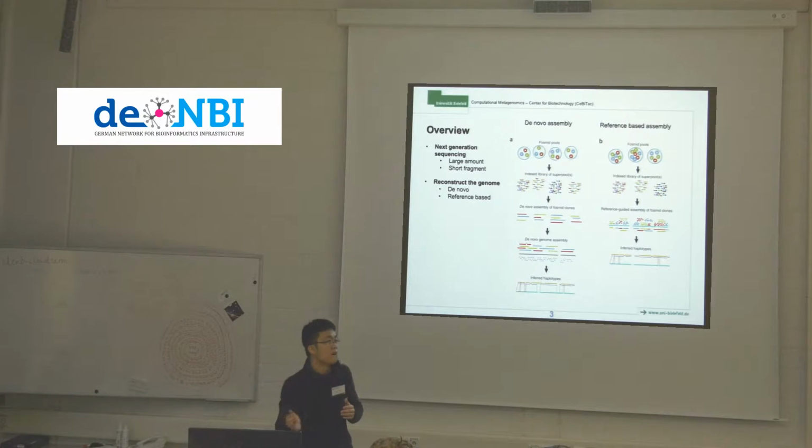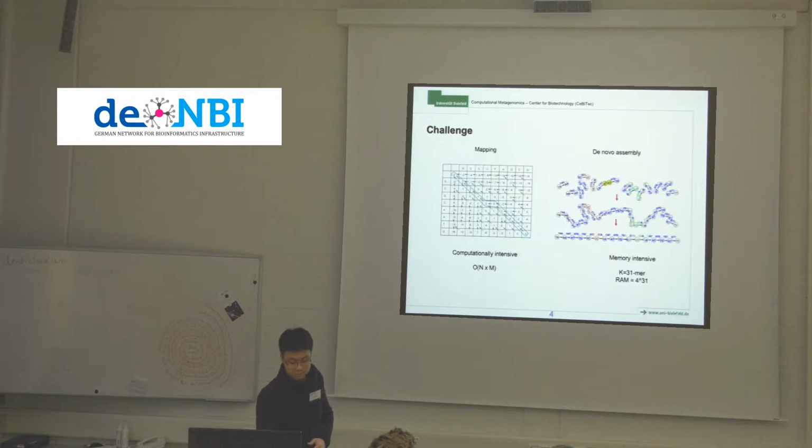And we can map all the sequence reads back to the reference genome to find the variations, mutations, to assemble a new genome. Or, without the reference template, we can use the overlap information to assemble a complete new genome, called de novo genome assembly.